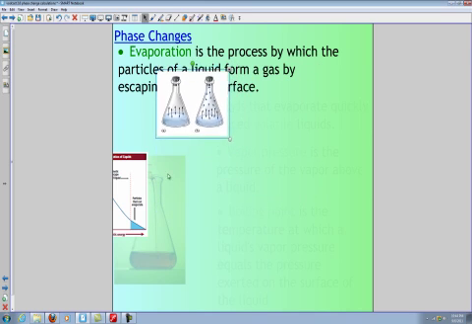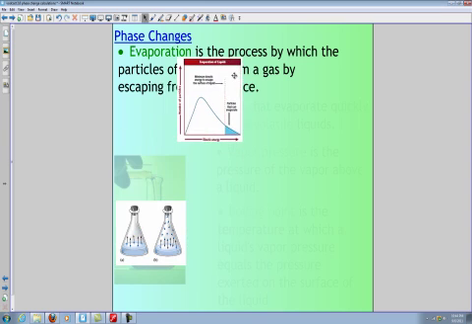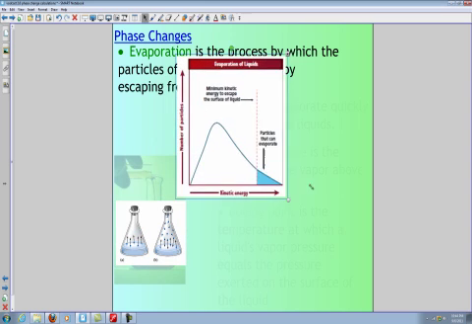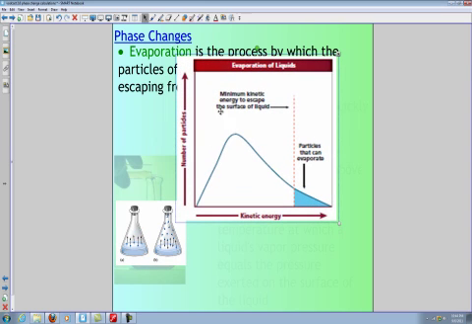Well, if you remember back to the Boltzmann diagram that we looked at in the last podcast, where we've got a certain number of particles, and we've got the energy or the speed going on the x-axis, there's an average here in the middle of the average speed of the molecules, but some of the molecules at this far right end have a much greater speed, have a lot more kinetic energy, and so those are the particles that are going to evaporate.